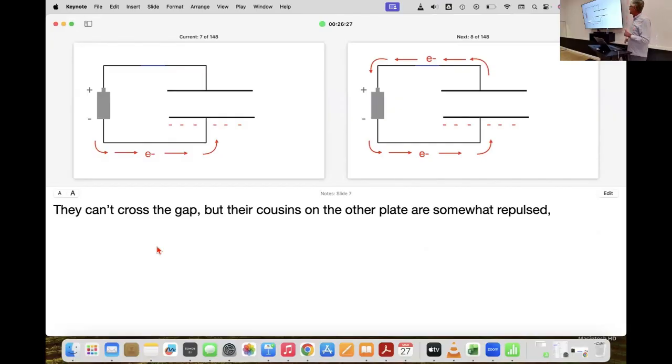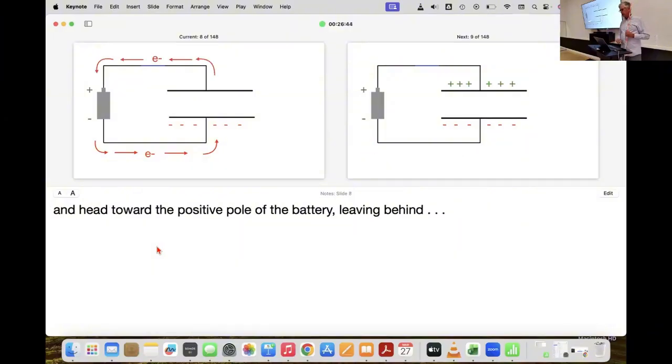It's electrically balanced. But as soon as you throw the switch, electrons are eager to flow away from the negative pole of the battery. Well, what does that do? The electrons over here are going to sense they're present and are going to be repulsed. And so they will escape and go over to the positive pole of the battery. And current is flowing.